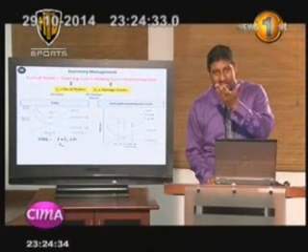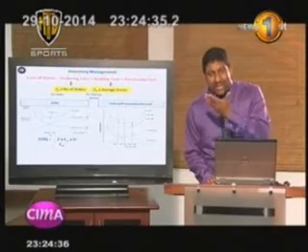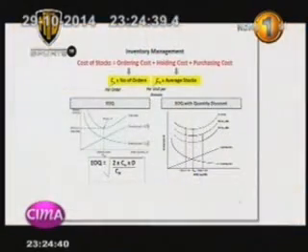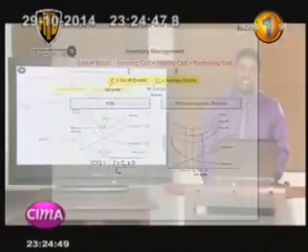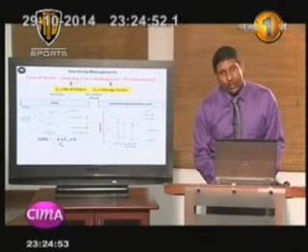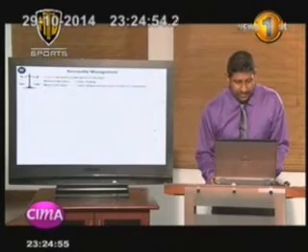Now when you are getting a discount, your total cost comes down. By how much will it come down? Will it come down below the total cost at the economic order quantity? If it is less, then go for the discounted quantity. So how do you do the calculation? Calculate the total cost at economic order quantity, then calculate the total cost at the discounted quantity. What is less? Go for that.